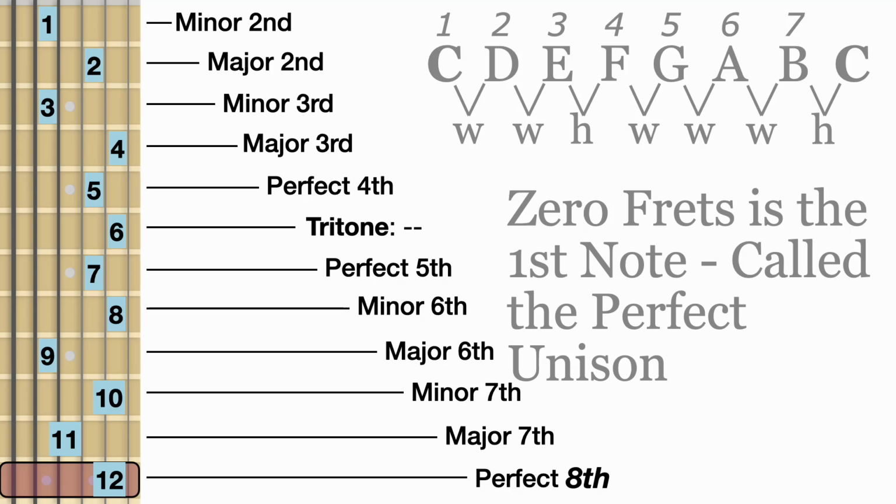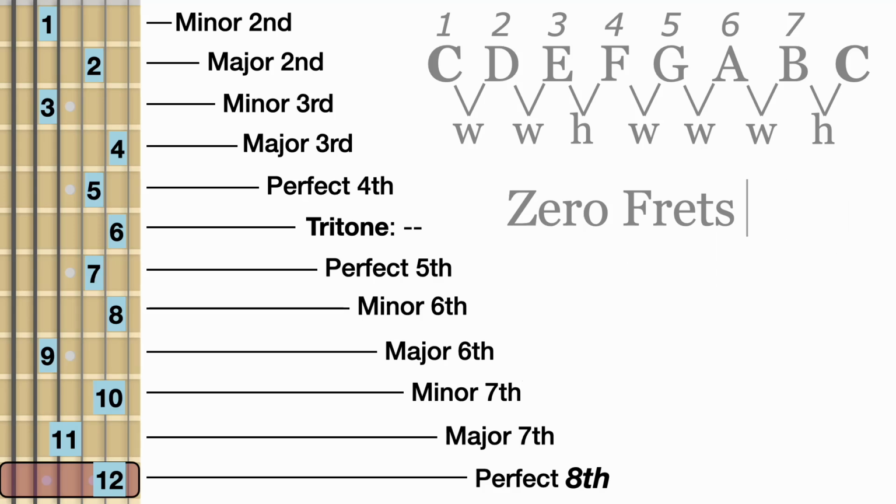The non-motion in intervals has a name, and it's called the perfect unison. You're not moving. So I just wanted to bring that up. You may or may not hear somebody refer to a perfect unison at some point, but that's your first degree in your scale. It's called the perfect unison. So we're going to kind of erase that, but you get the idea, okay?